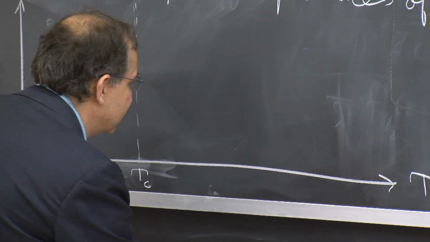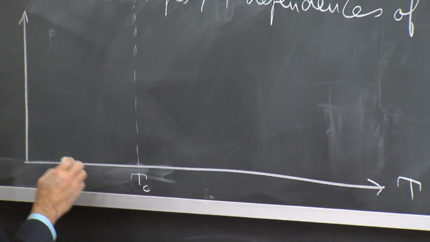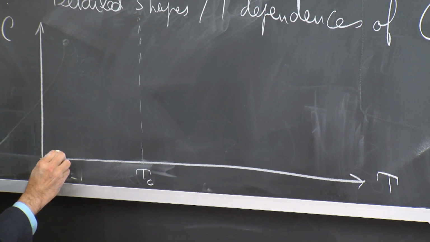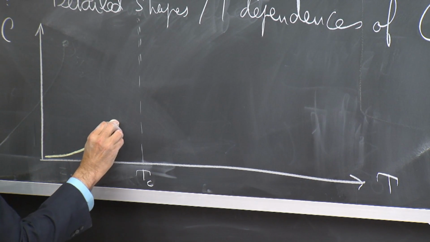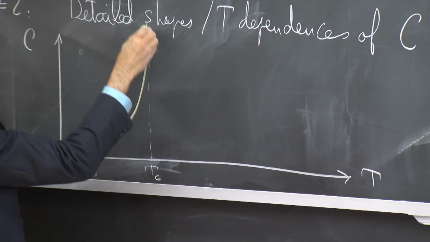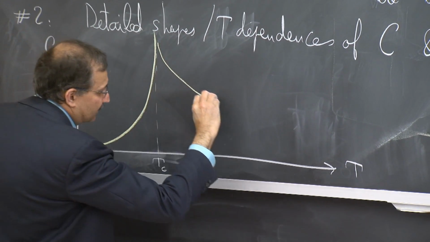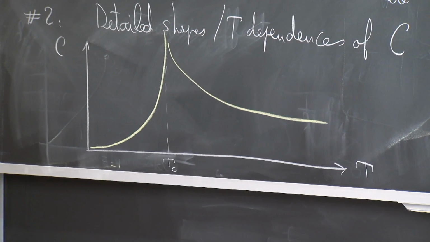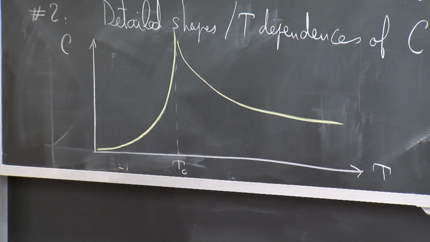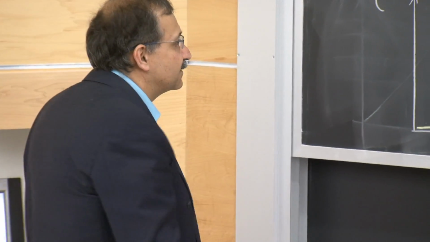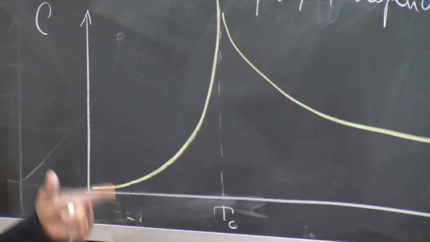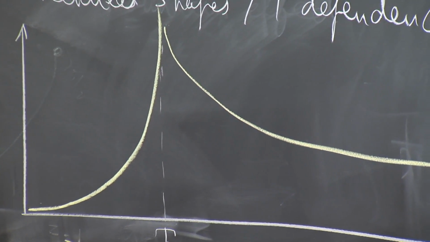And what you find, the shape is something like this. It goes to 0. And then it does something like this. And you say, well, it doesn't look that different from what I have up there, except that when you look at the behavior down here at the transition, over there it went to a finite value.